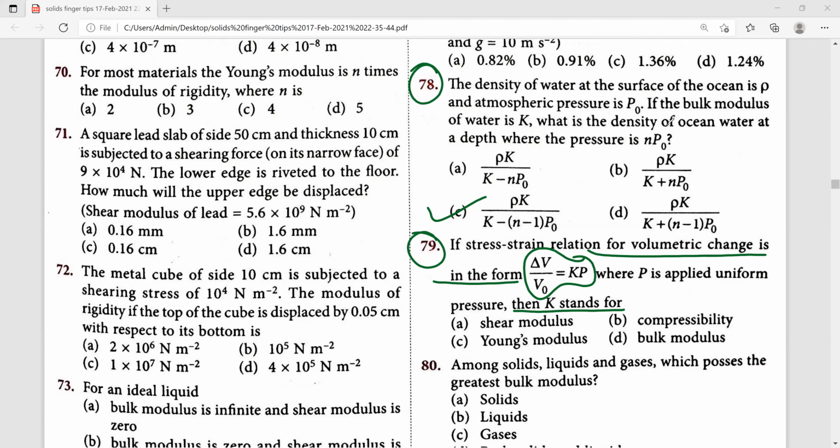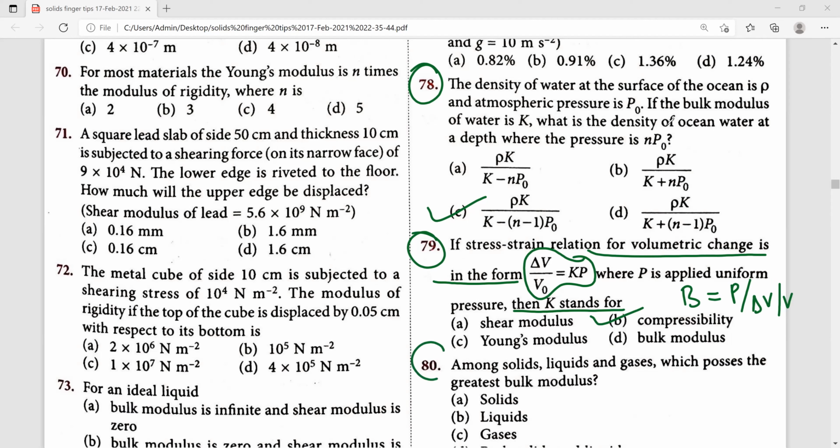Here bulk modulus is given by the formula B is equal to P divided by delta V by V. Therefore compressibility is nothing but the reciprocal of bulk modulus, so we can substitute that as compressibility. Therefore, B1 is the right answer.